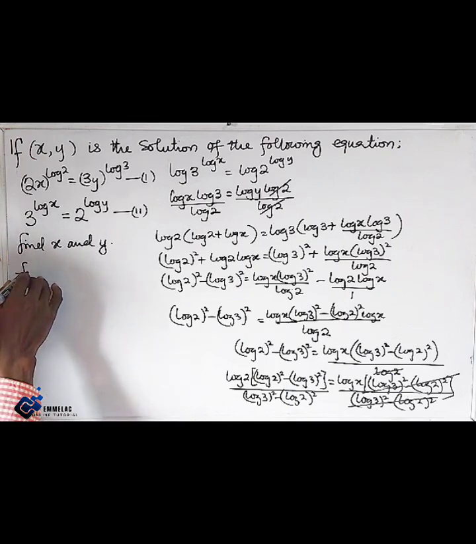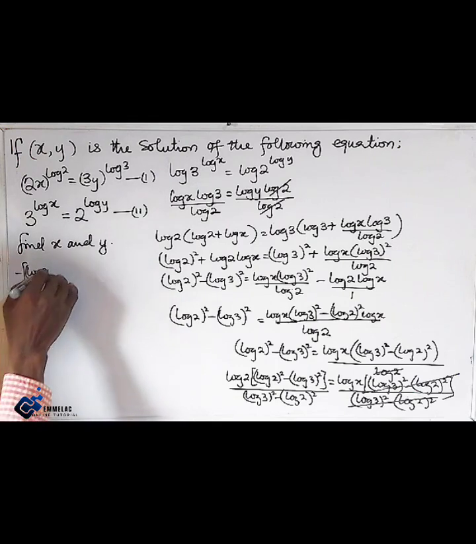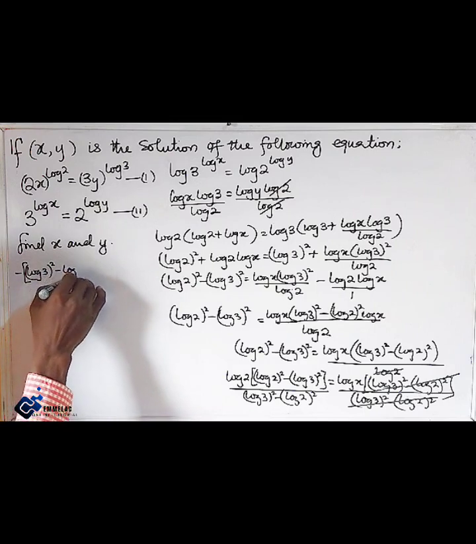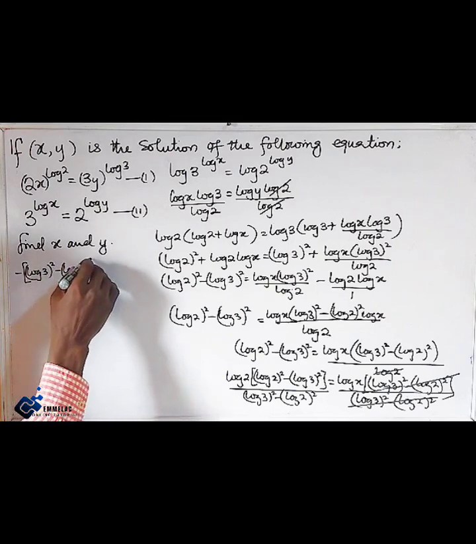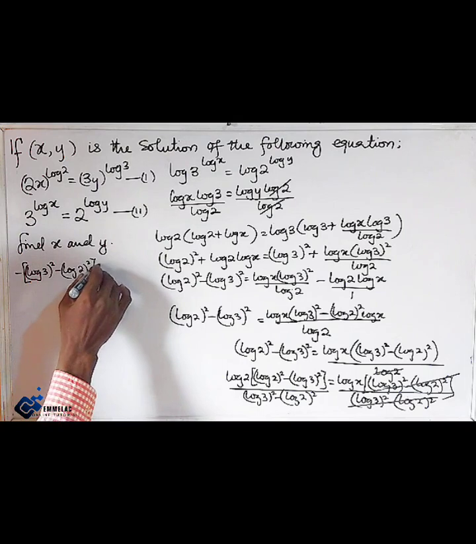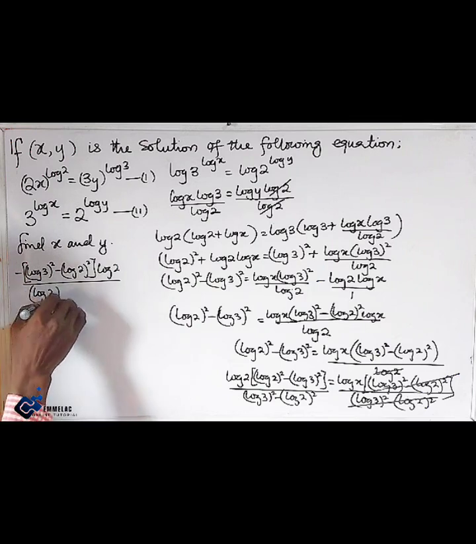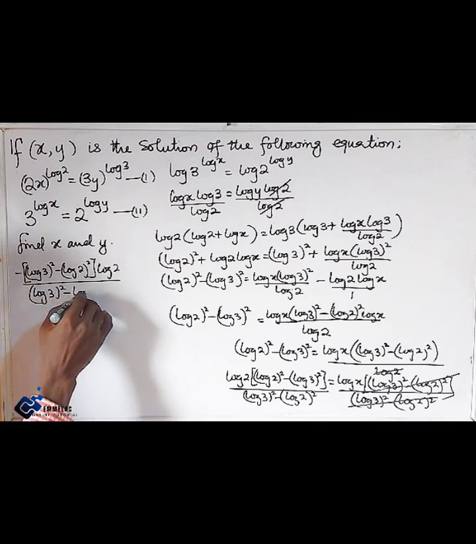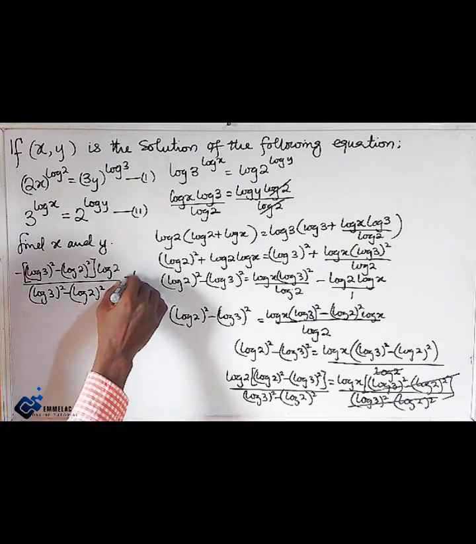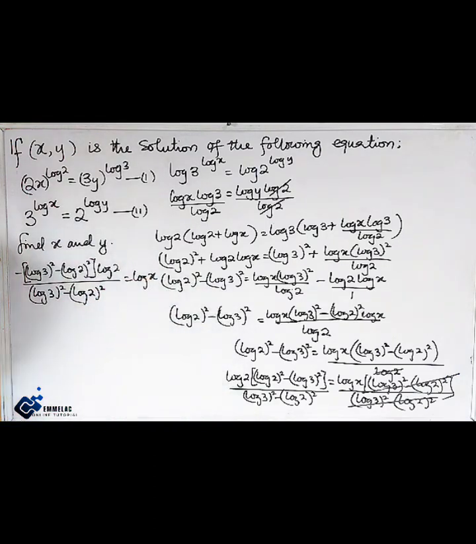So here it will now become log 3 raised to the power of 2, then minus log 2 raised to the power of 2, then log 2 all over log 3 raised to the power of 2 minus log 2 raised to the power of 2, then equals log x.